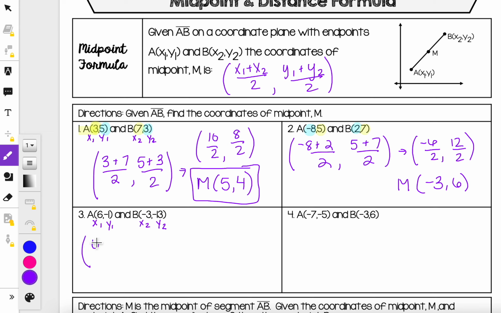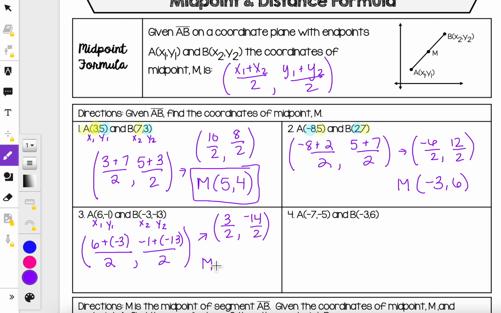So here I'm going to have 6 plus -3, which is really just 6 minus 3, but I'm going to write it this way just to keep in the habit of what that formula is, over 2, and then -1 plus -13 over 2, okay? Again, you could just put -1 minus 13 if you wanted. It's the same thing, okay? So here I have 3 over 2 and -14 over 2.